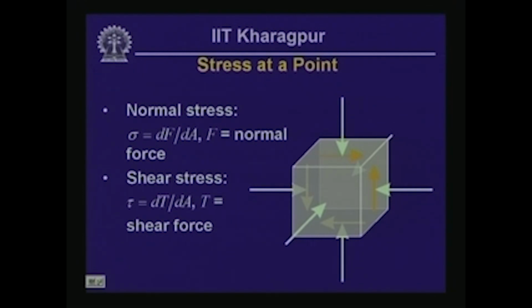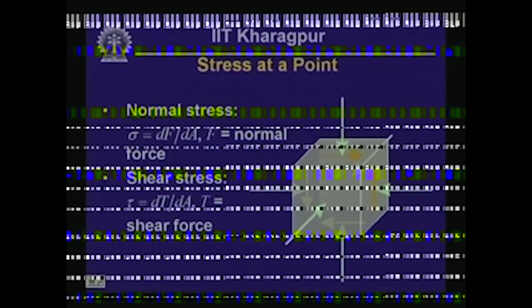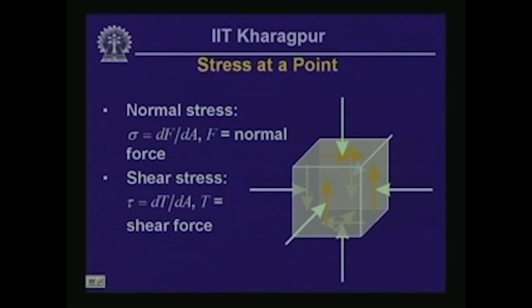So the magnitudes of each of these four shear stresses shown on this particular element is going to be the same. Okay. Similarly, we are going to have four more shear stresses.